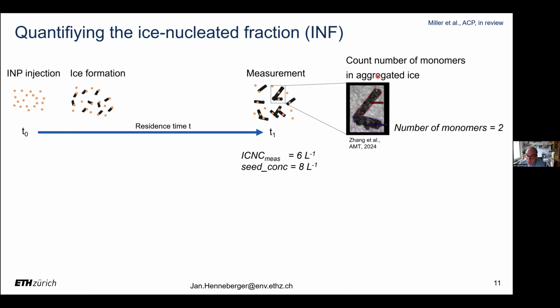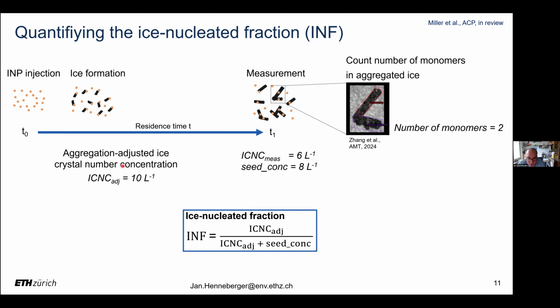So we need an algorithm to say in aggregated ice gets us the number of monomers, and Yuin Zhang developed this algorithm, and we come back to have this aggregated adjusted ice crystal number concentration, which in this case is 10 per liter, and we calculate the ice nucleating fraction by taking this into account.